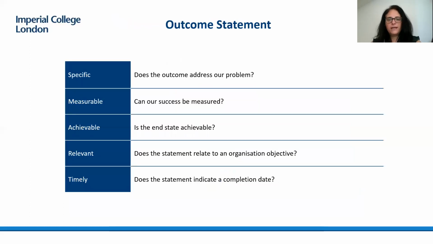Now, as I said, we can use SMART criteria to define the outcome statement. So going through it one by one, making your outcome statement specific. Does the outcome address our problem?